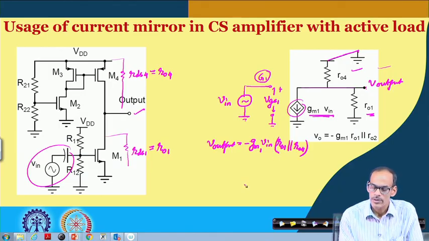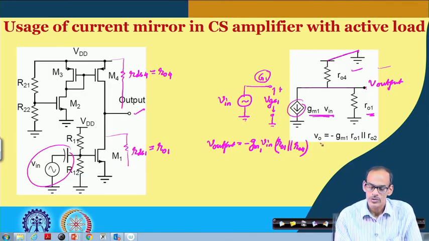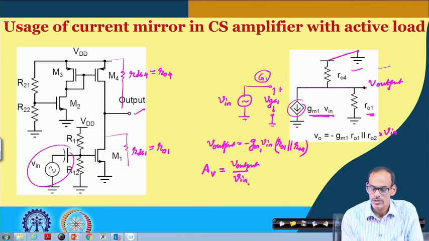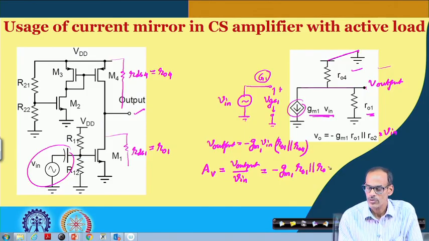I should have multiplied by V in. So, that gives us the voltage gain AV equals V output divided by V in equals minus GM 1 times RO 1 in parallel with RO 4.